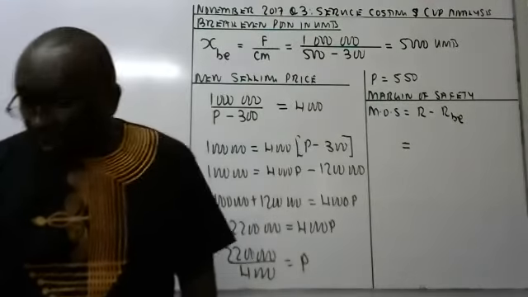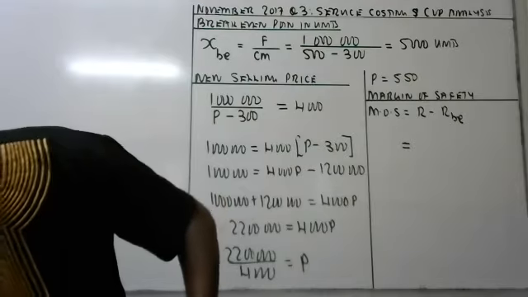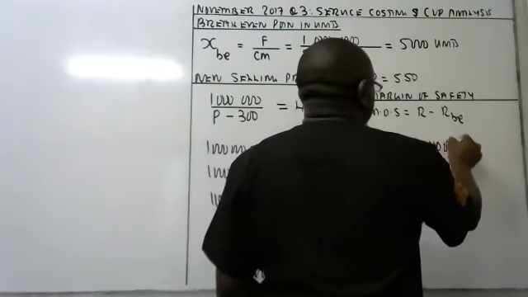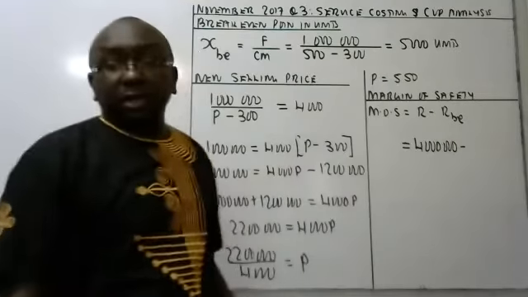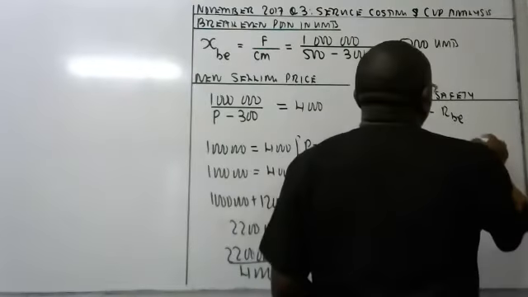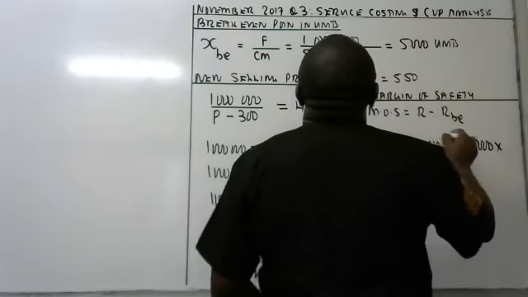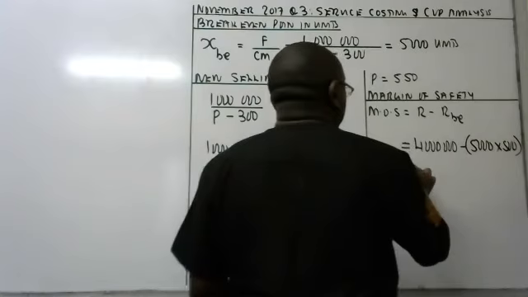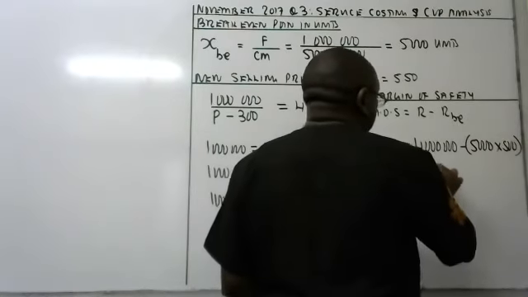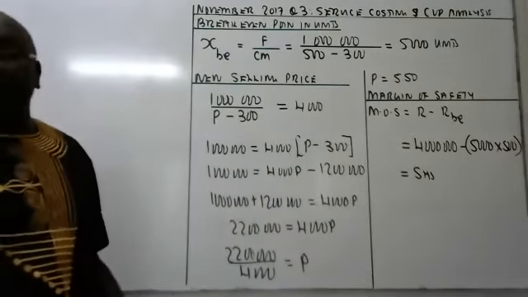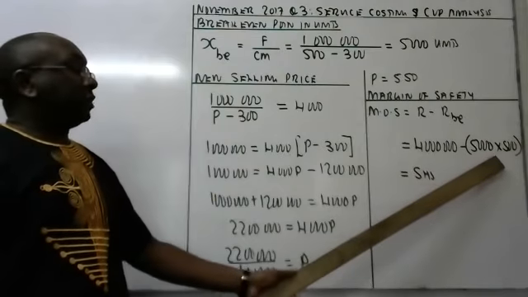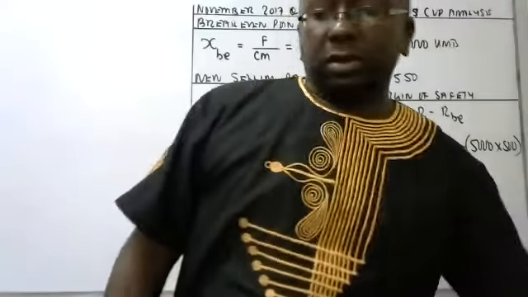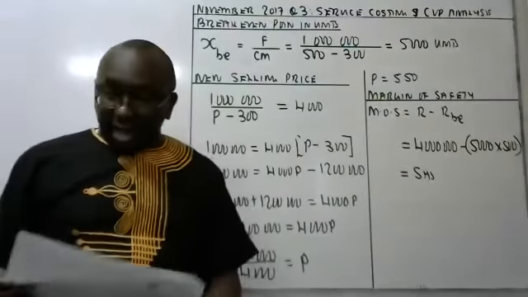So R, we are told that the sales volume is 4 million. The break-even point in shillings is 5,000 times the selling price of 500. When you want to express the break-even in units in terms of shillings, you just multiply by the selling price. So give me the margin of safety there.